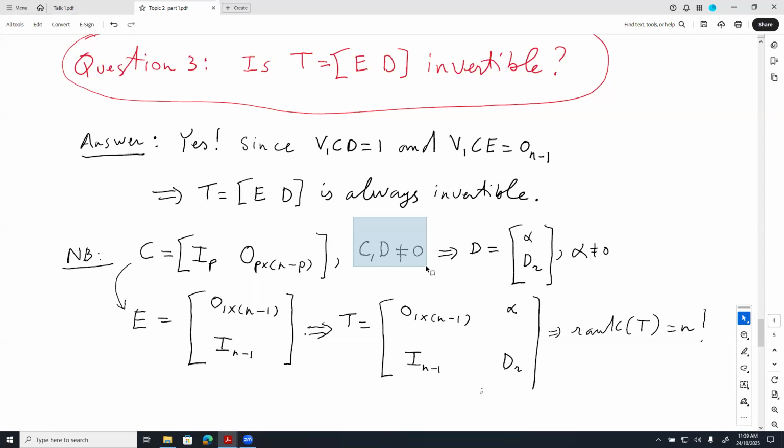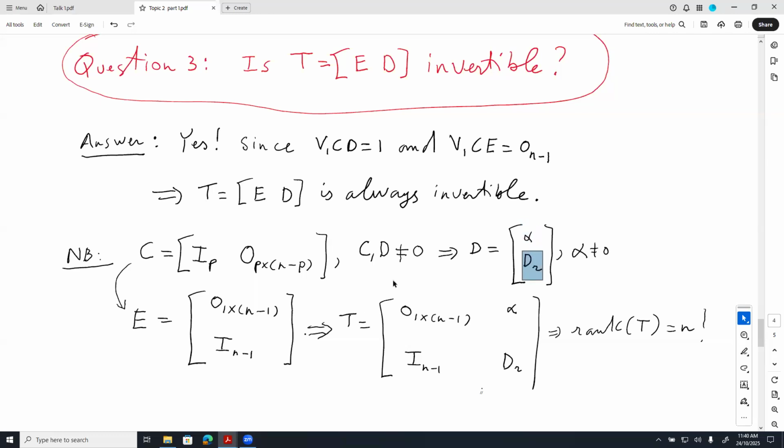If this condition holds, that means that the first element in matrix D is non-zero, because the condition tells us that it's non-zero. That means that we can write matrix D in terms of this scalar, and the rest of them we don't really care about. It could be zero, it doesn't matter. It's just an n-1 column.